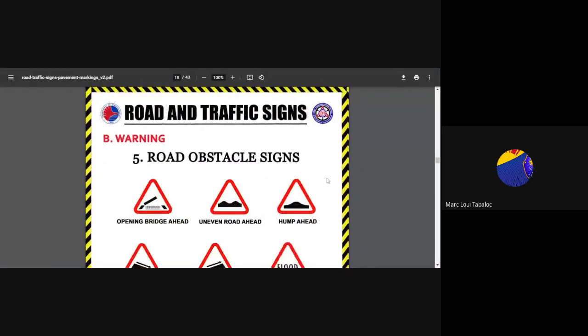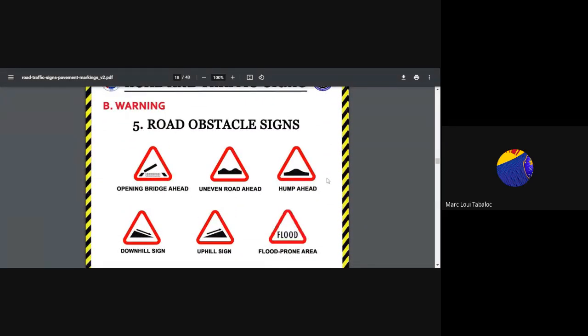Road obstacle signs would warn you of an impending danger that is oncoming and is currently a possibility on the road. For example, an uneven road ahead sign. So you would expect it won't be a smooth ride, with bumps.